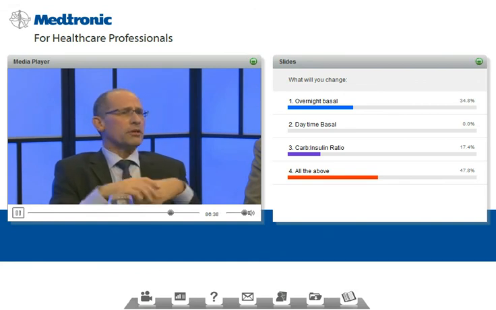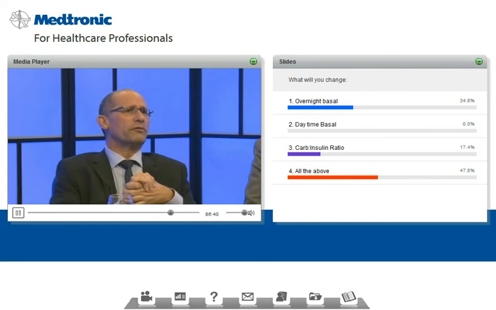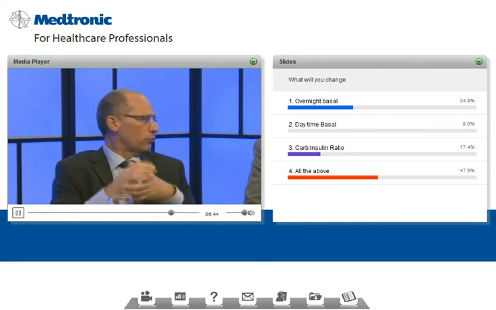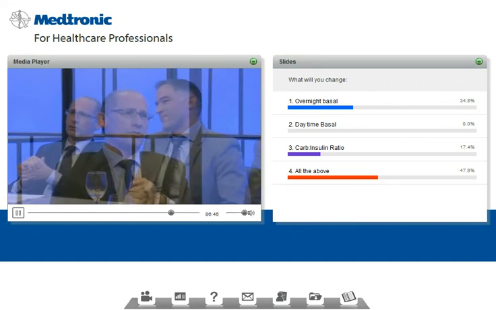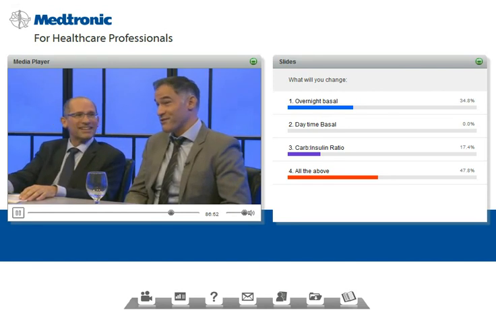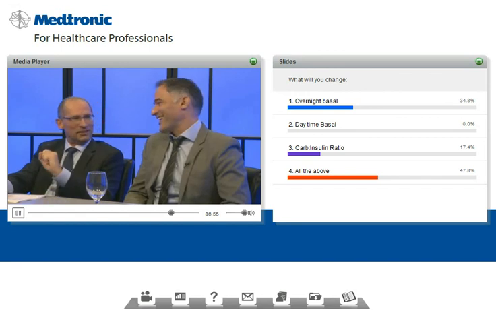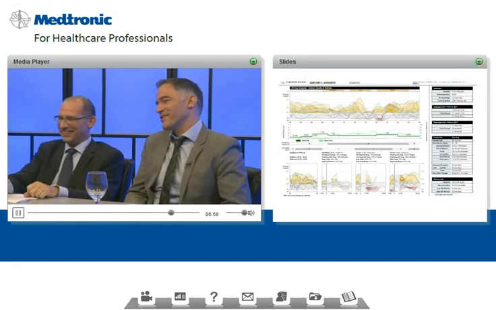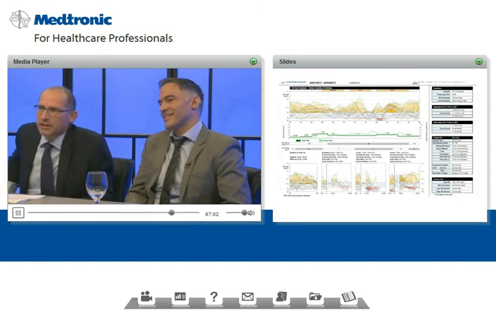But actually, most of the viewers thought that this is complex and you need to do more than one change. So in this case, I think all the answers are correct. Agreed. I might have biased it through my comments, favoring overnight basal. Give them credit. I think the audience is very keen, and now we can look at the data and interpret it in an easier way.